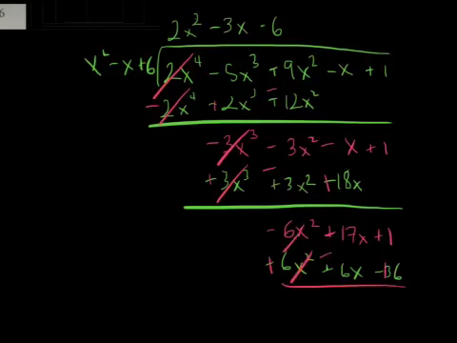First terms will cancel, and we're left with 11x plus 37.